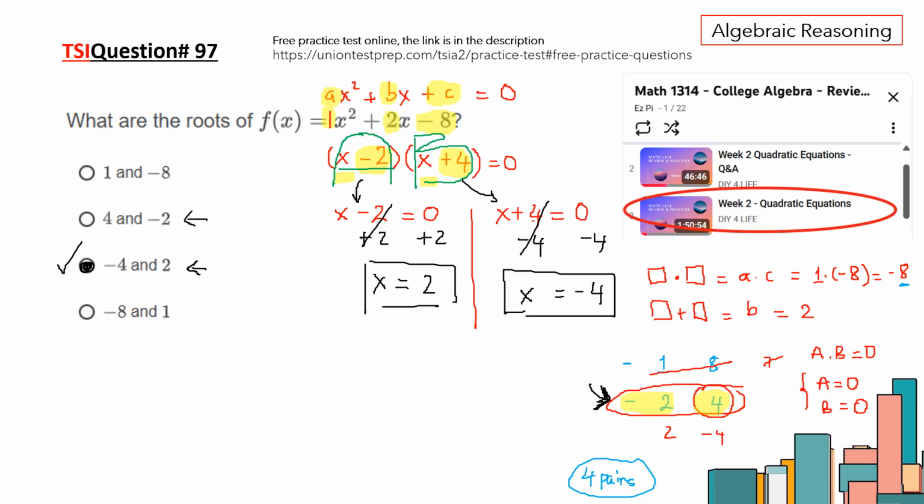That is the root, or the solution, or the zero. The numbers you find in the AC method are not the roots. So make sure you understand they are completely different.